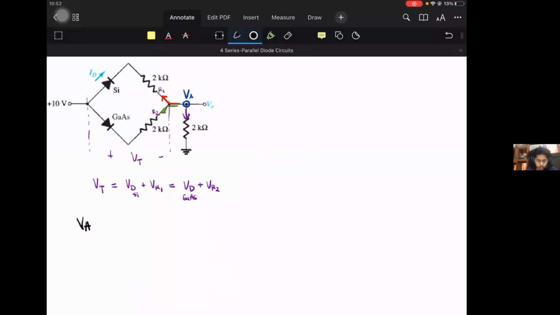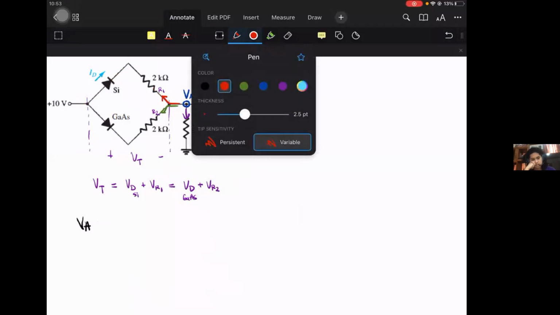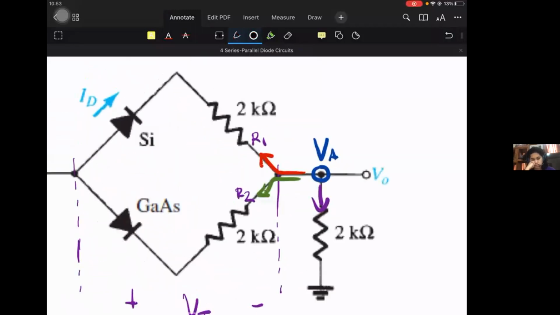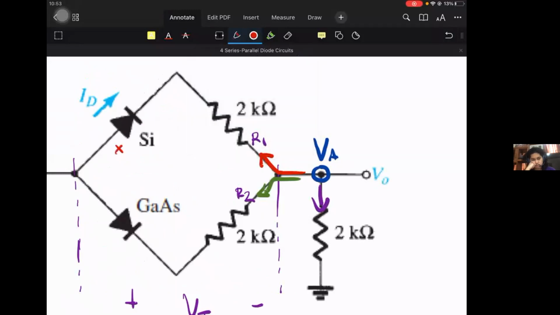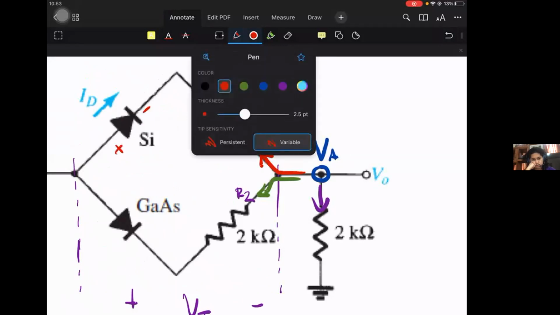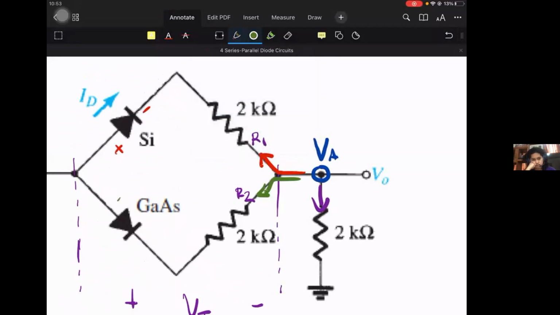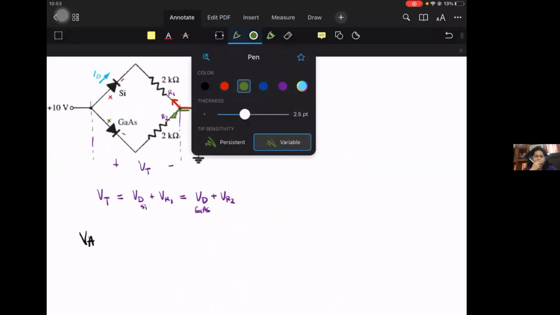VA minus, or plus. Kani dire ta mo agi. So VA plus 0.7. So plus man mo gawas.